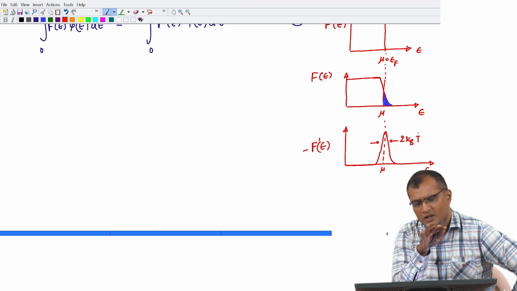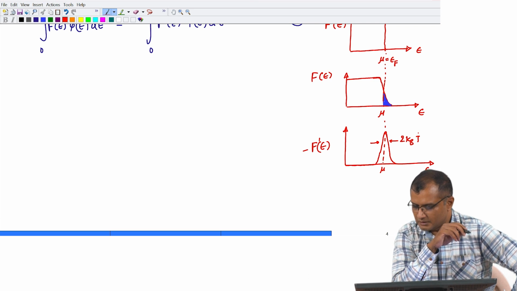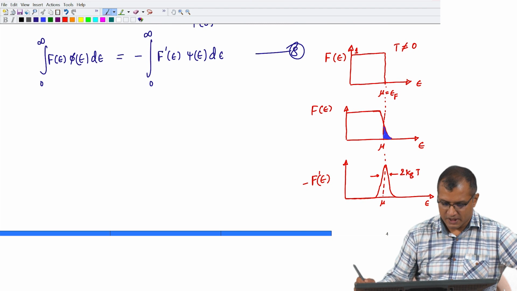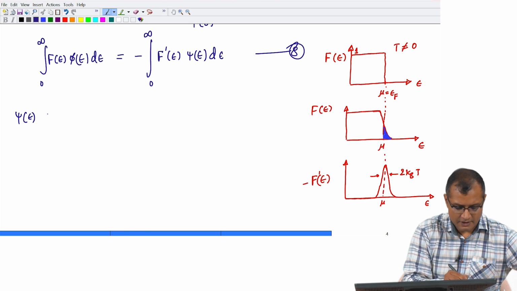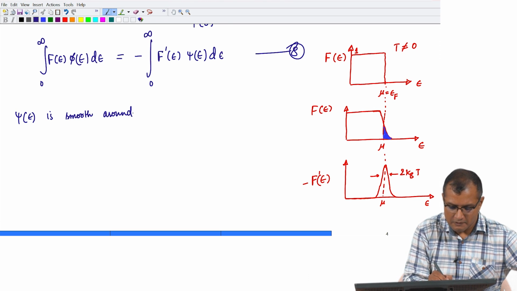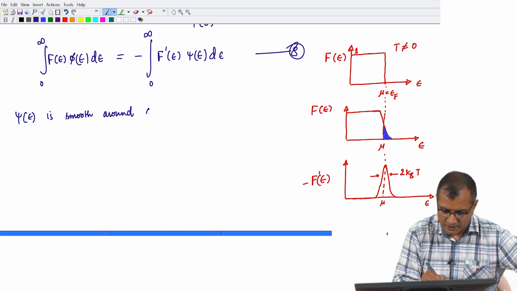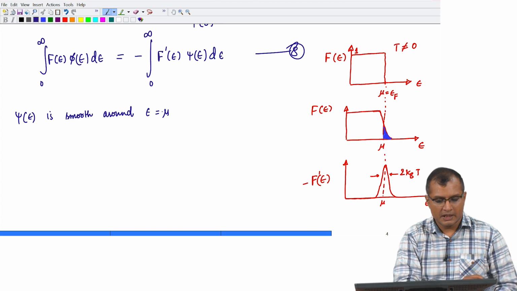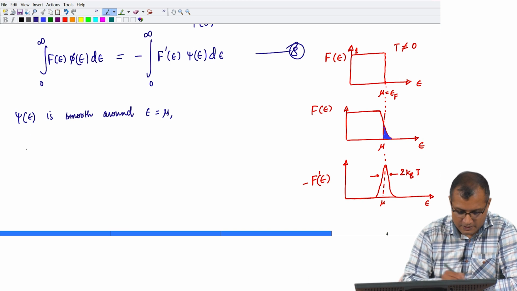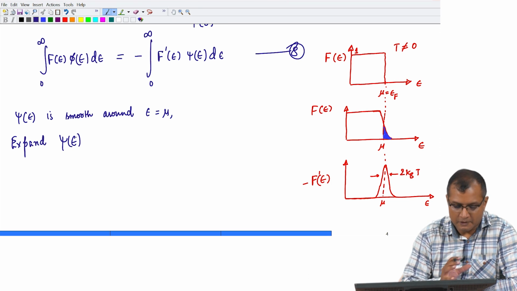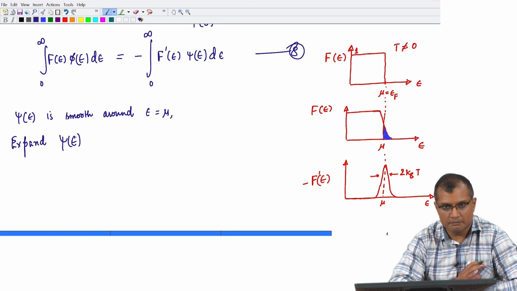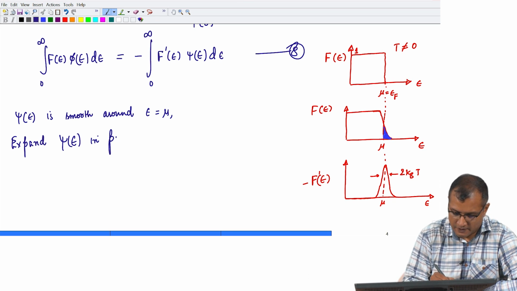So, the width of this is somewhat twice kT, and now using this fact and the fact that the function phi of E is smooth around my energy E equal to mu, I can expand psi of E in powers of the displacement around mu. So, I can expand it in powers of E minus mu.